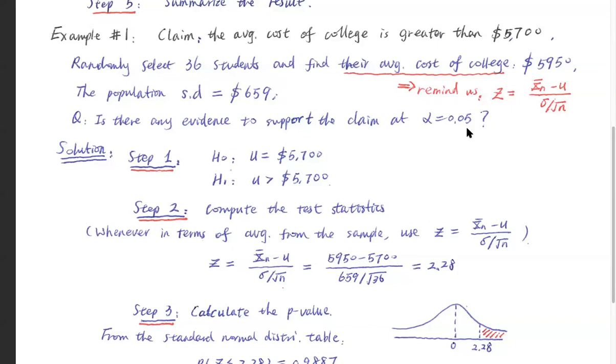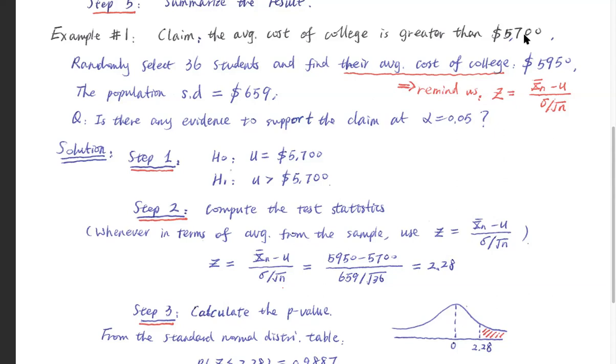Everybody, there are a few things we want to make sure we understand clearly here. Based on the sample of 36 people, what's the average cost of college? It is 5,950. That number is bigger than 5,700, 100% for sure. So we are 100% confident that for just these 36 people, the average cost of college is bigger than 5,700.